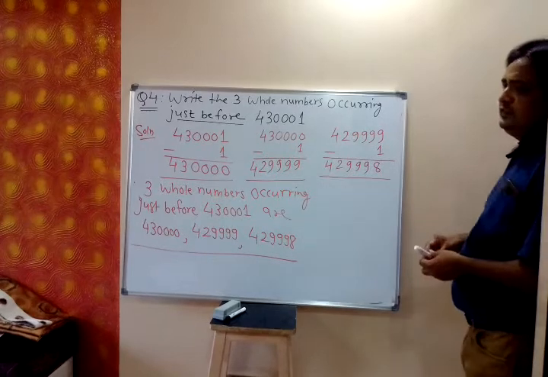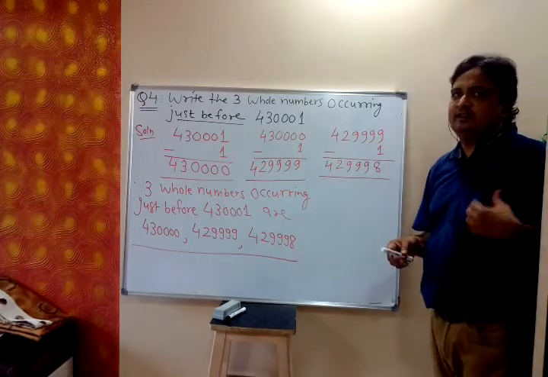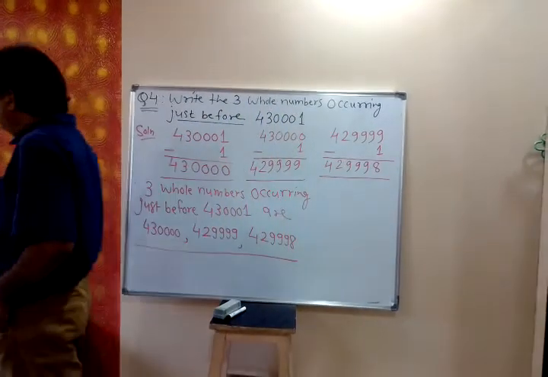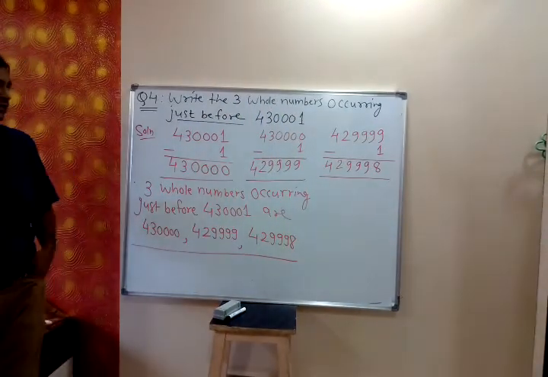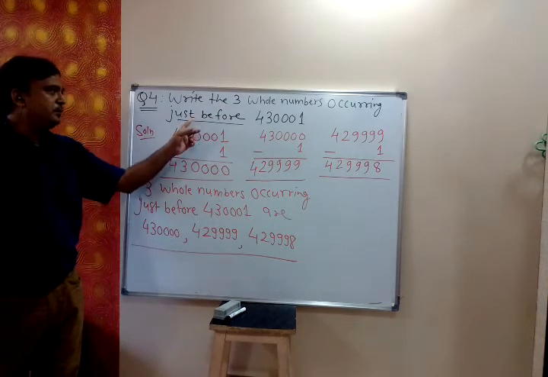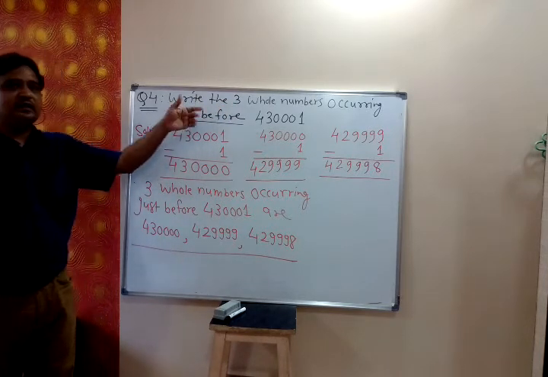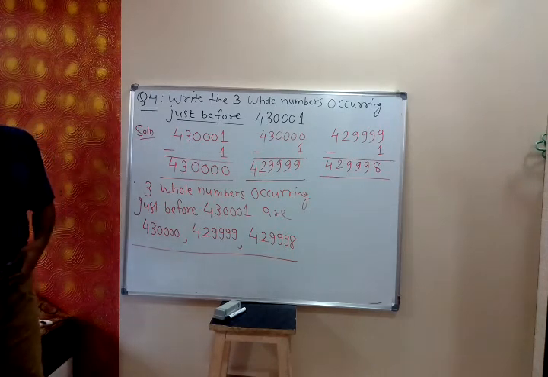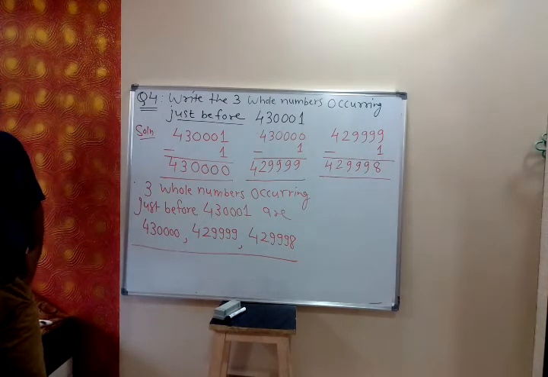So just before means you have to find the predecessor, and for predecessor we subtract 1. So you have to find three predecessors of this number.